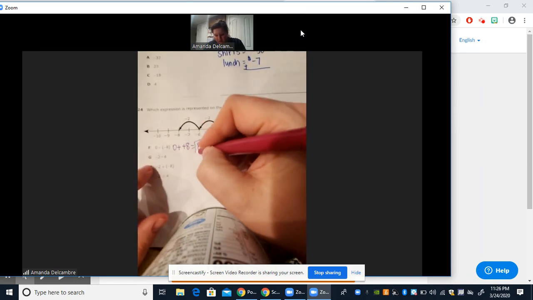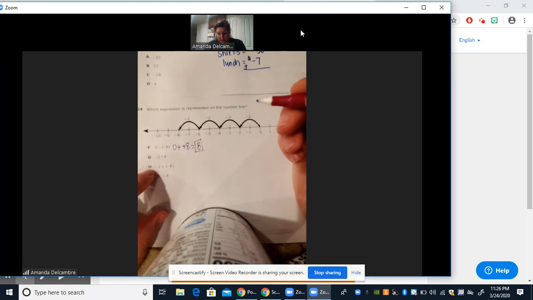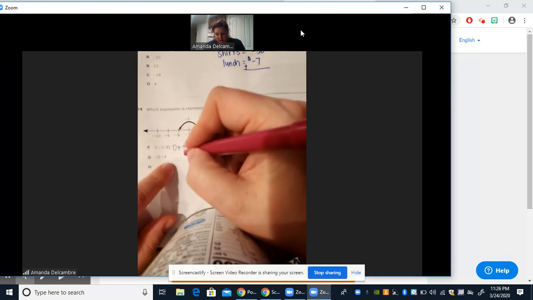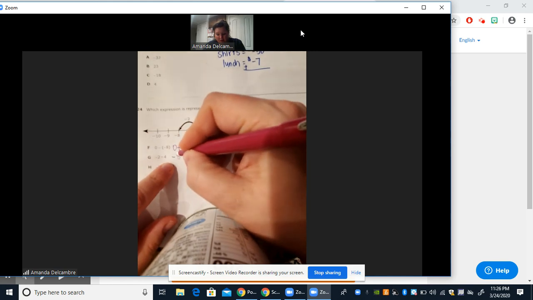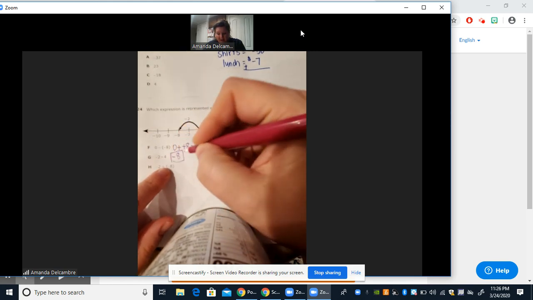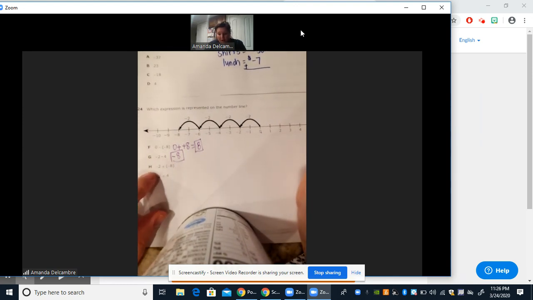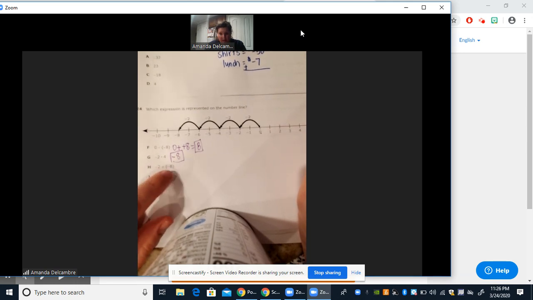Let's think about that. Negative 2 times 4, well, negative times a positive gives me a negative, so 2 times 4 gives me 8, so meaning a negative 2 times a positive 4 gives me a negative 8. Well, we have same signs, so same signs, we add and keep, so 2 plus 8 gives me 10, so a negative 2 plus a negative 8 would give me a negative 10.